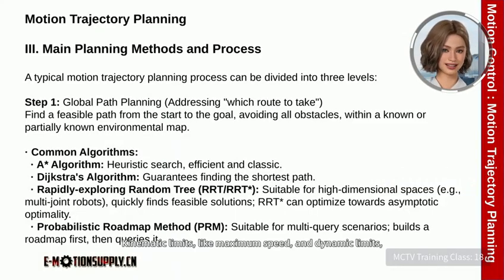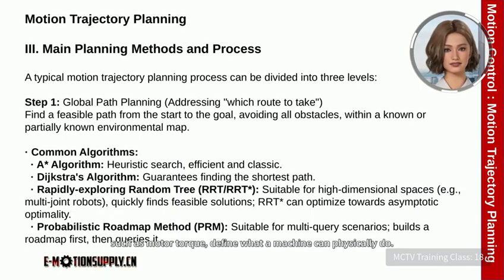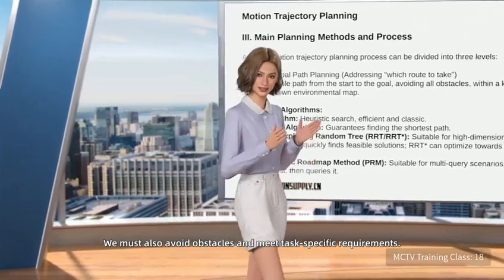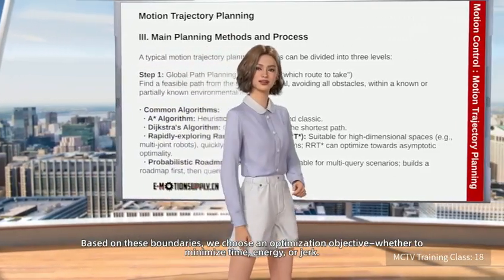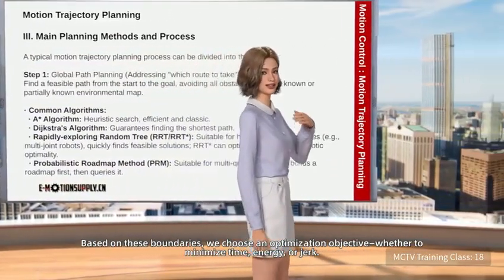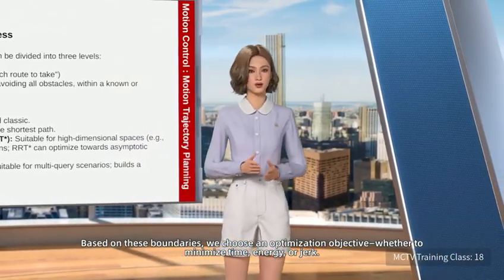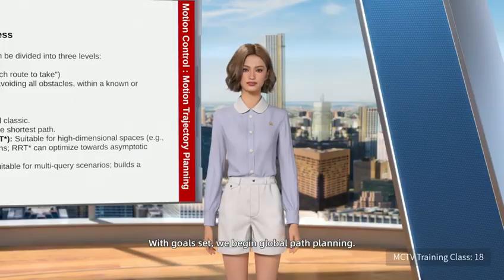Kinematic limits, like maximum speed, and dynamic limits, such as motor torque, define what a machine can physically do. We must also avoid obstacles and meet task-specific requirements. Based on these boundaries, we choose an optimization objective, whether to minimize time, energy, or jerk. With goals set, we begin global path planning.